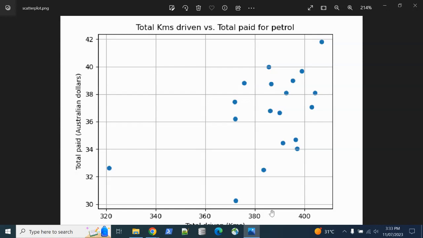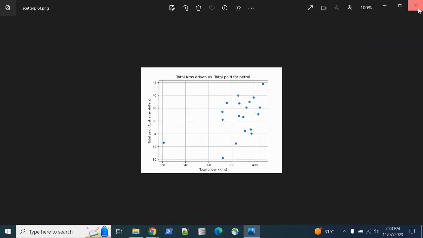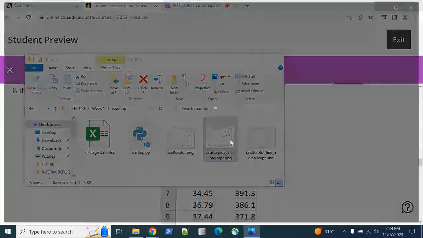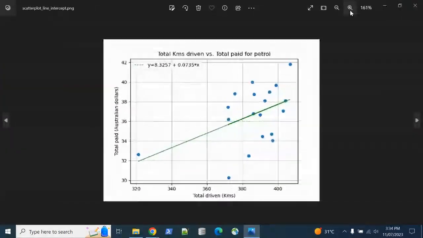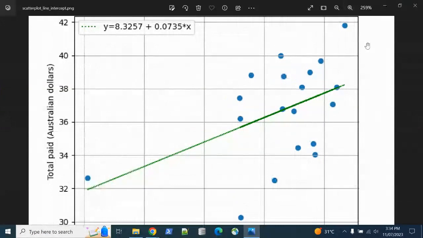Okay, so when we do the prediction with regression, what we want to do is to draw a straight line through these dots. So you saw the same thing happening in the video. So what we want to know is, can we draw a straight line through these dots? So this straight line is what gives linear regression its name.